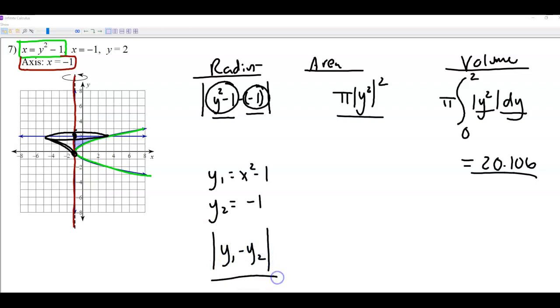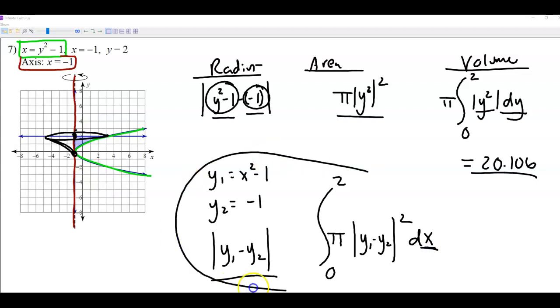Now, as soon as you do that, you're pretending that you're doing this with respect to x, but that's okay. And so then your area would look like this, and your integral would look like this. And we would have an x here on our calculator, even though we really are doing it with respect to y. But this is just for the calculator, okay?